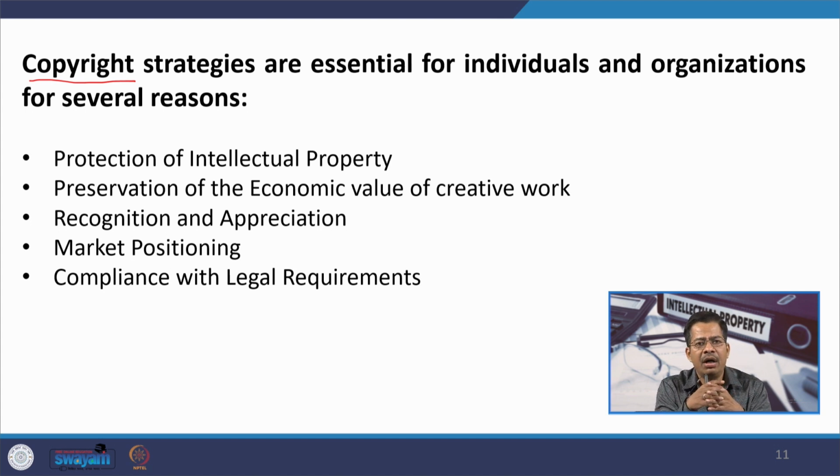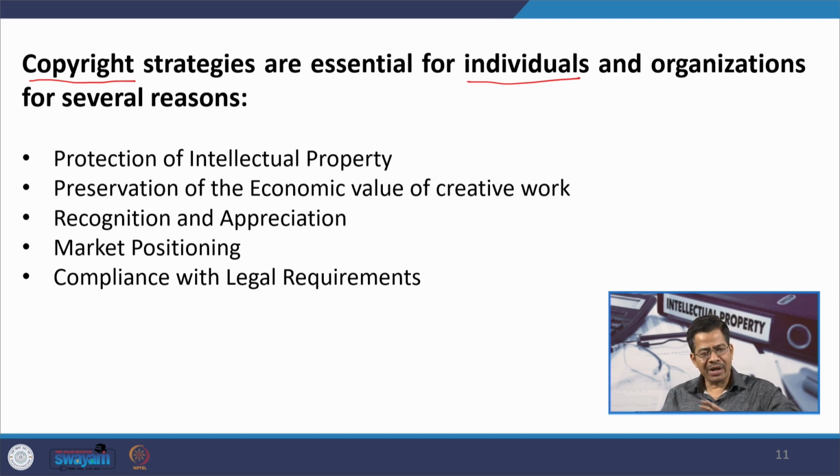So, how to use this portfolio is a very important question, and it becomes even more important for individuals, because individuals do not have enough resources to use their copyright portfolio to their advantage.